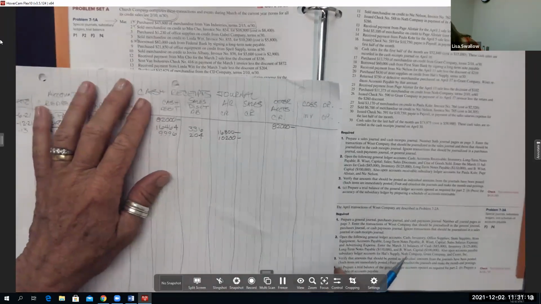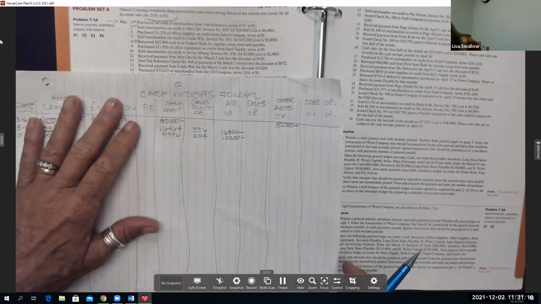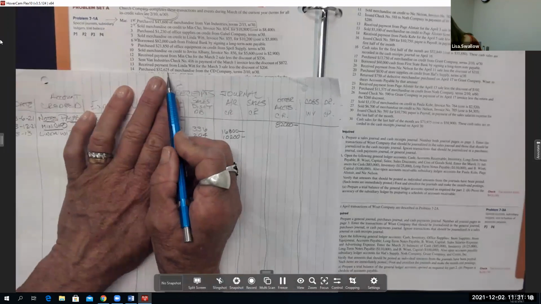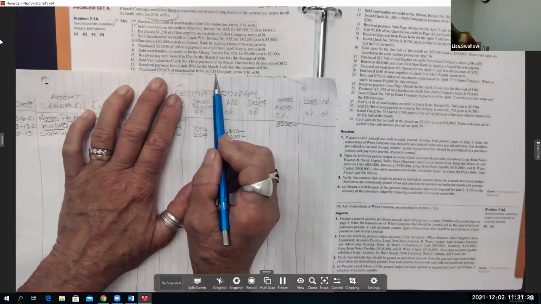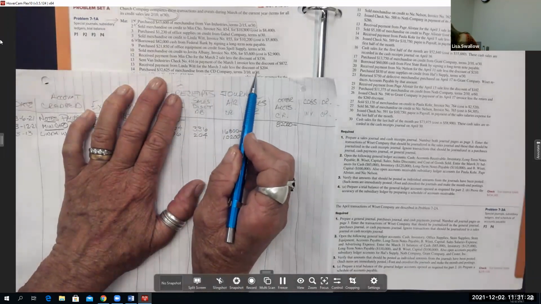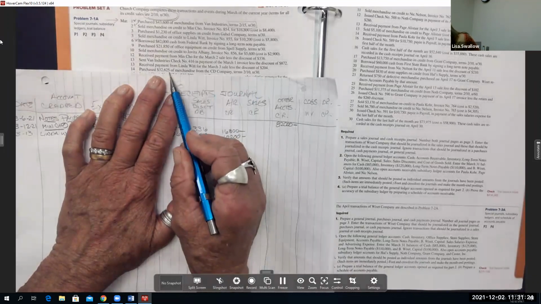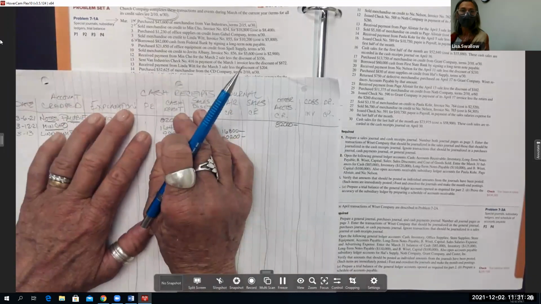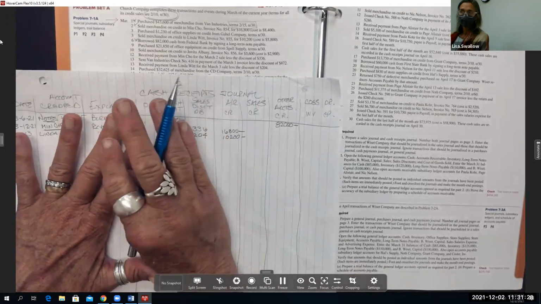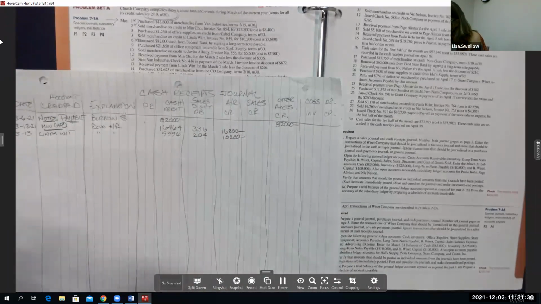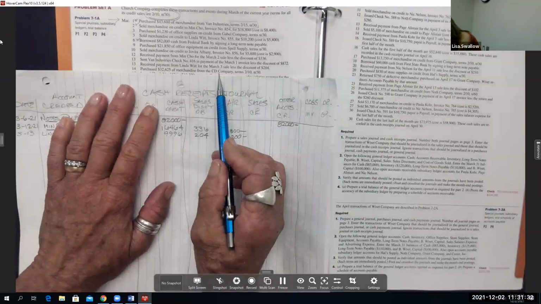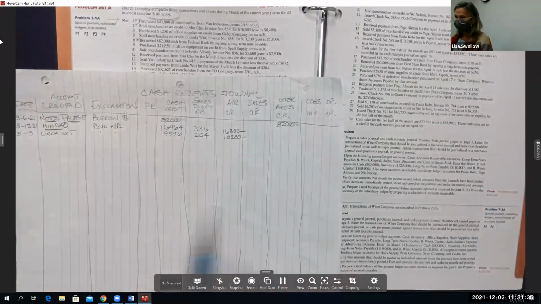We probably won't end up doing all these, but let's just do enough repetitions so we feel good with it. Okay. Then on the 14th, I purchased $32,625 of merchandise from the CD company, terms 2/10, net 30. Andrew, does that transaction impact cash? On the 14th, I purchased merchandise. Nope. So what journal am I in?